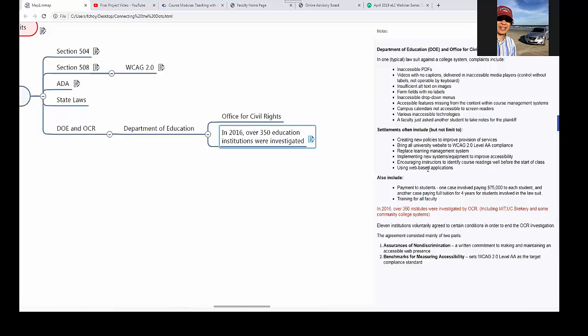Now, the interesting part, of course, is why I use the word "enough". Look at the following. In two cases, it actually included payment to students. In one case, it involved paying $75,000 to each of the students involved. And in another case, the college was required to pay full tuition for 4 years for the student involved in the lawsuit.